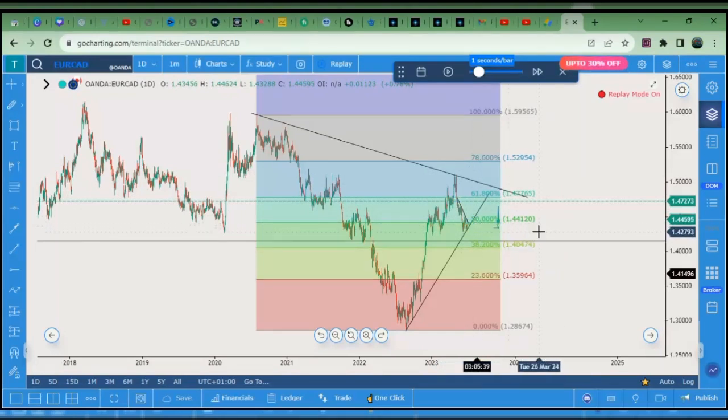Now 50% ought to have been a resistance to stop price from moving any further to the upside, but it failed. 60% would have been another place it should have stopped, but it failed.